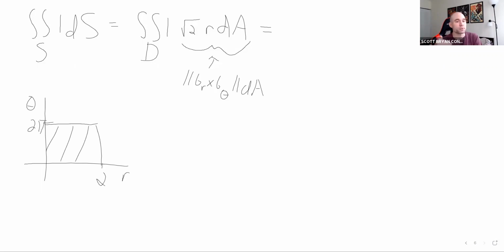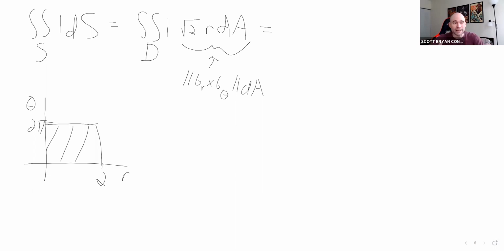This is not a polar region. We're not going to switch to polar here. We've in essence already switched coordinate systems. So dA, we're not going to change to r dr d theta. dA is just going to be dr d theta. Is there any confusion on that point? We're not integrating over a polar region.